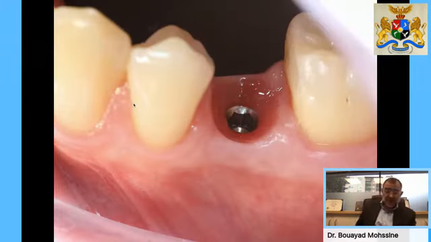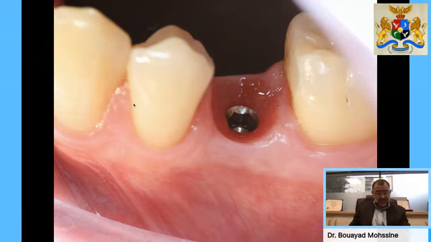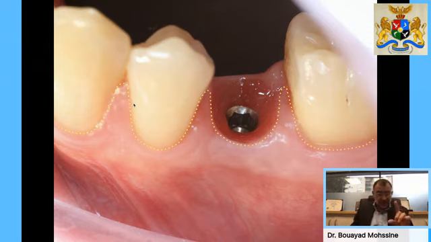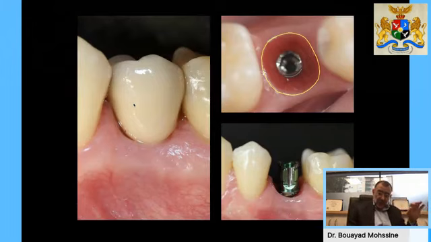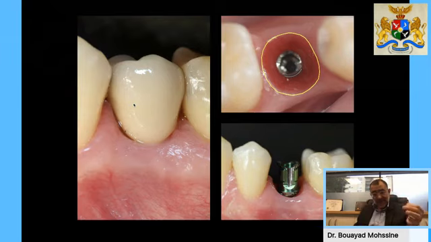We can appreciate here a few months after that the good healing of the tissue around the temporary crown, and you can't tell the difference between the papilla between natural teeth and crown. We can appreciate here the good volume of soft tissue around the implant and the good placement of the pillar, and we can easily place our final crown in good condition.